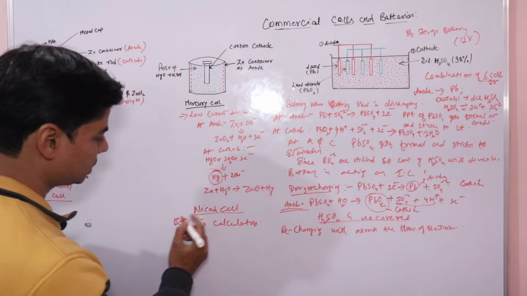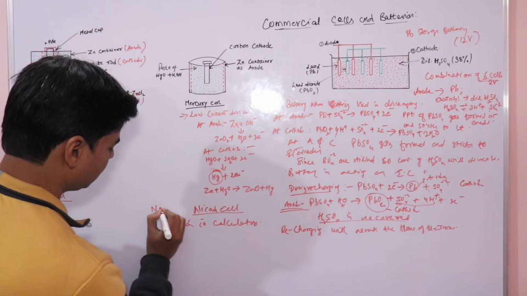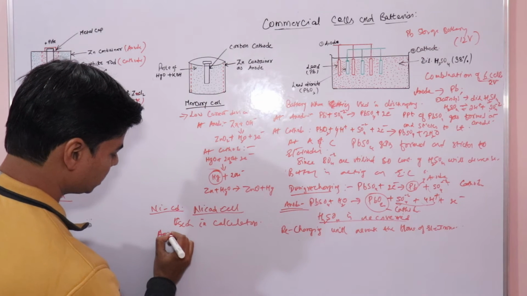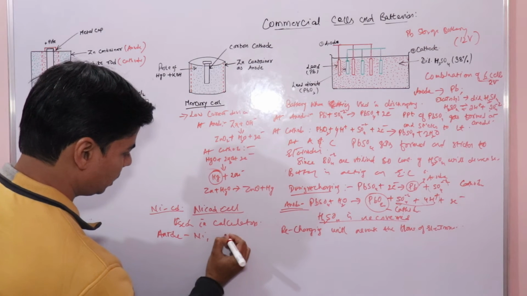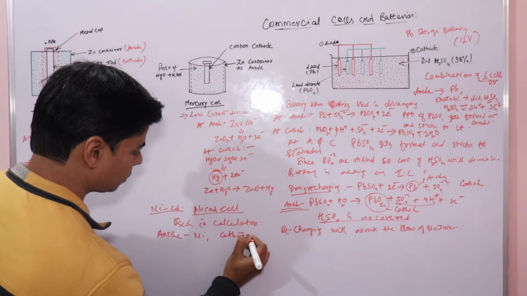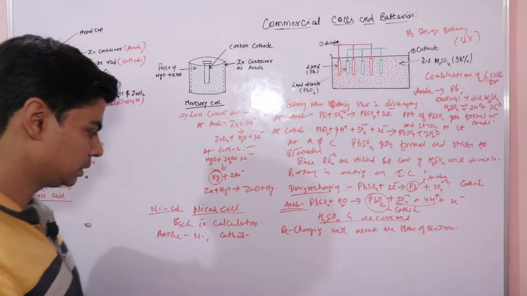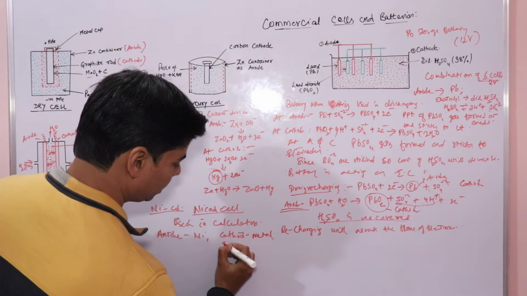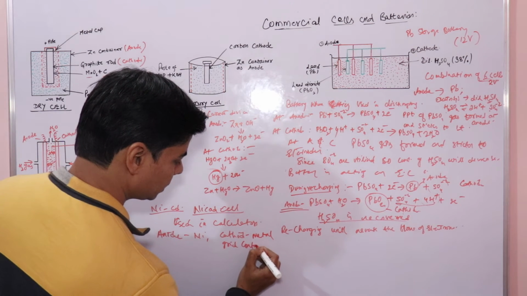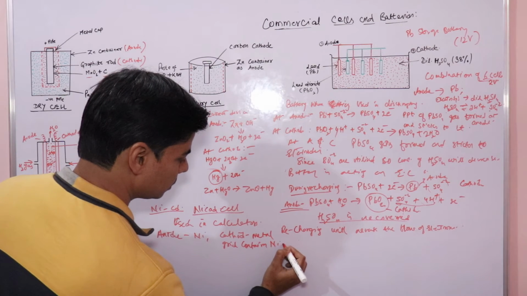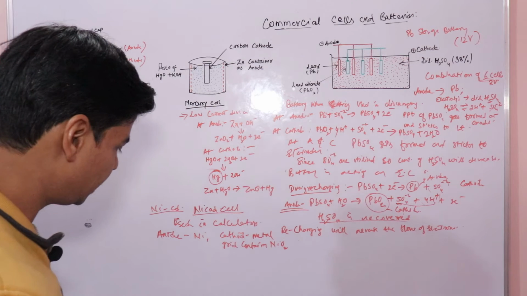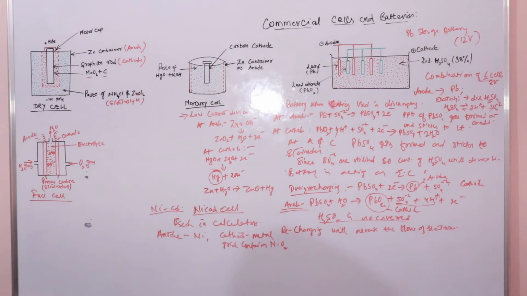So here the anode is of nickel, the cathode is a metal grid that contains nickel dioxide, NiO2. The reactions that take place at anode and cathode are what we need to look at.